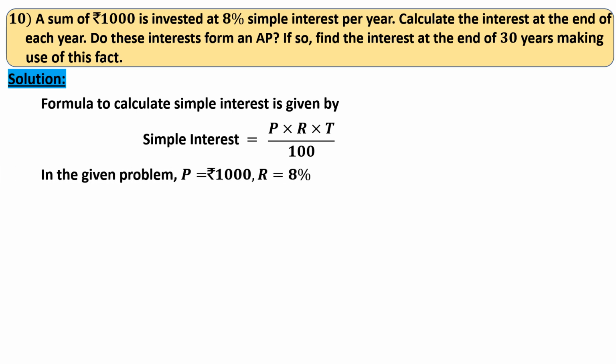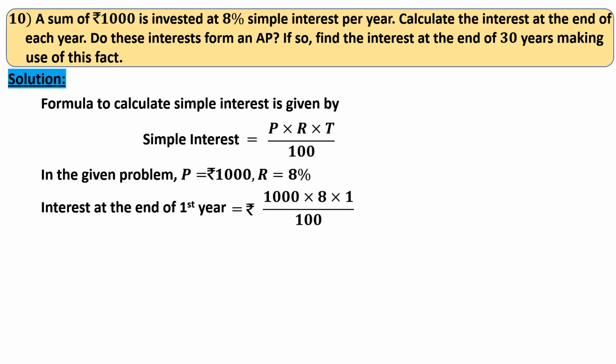In the given problem, P equals rupees 1000, R is 8%. Interest at the end of the first year is rupees 1000 into 8 into 1 whole divided by 100. Two zeros get cancelled, which means we are dividing both numerator and denominator by 100. 10 into 8 into 1 is rupees 80.